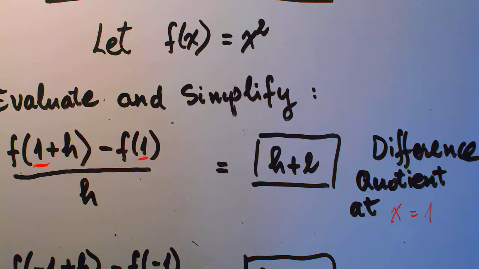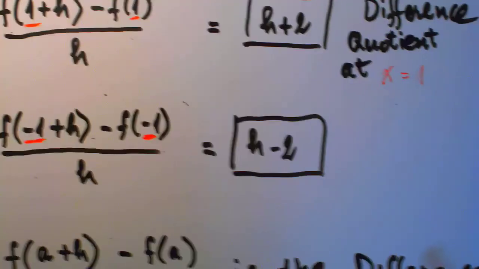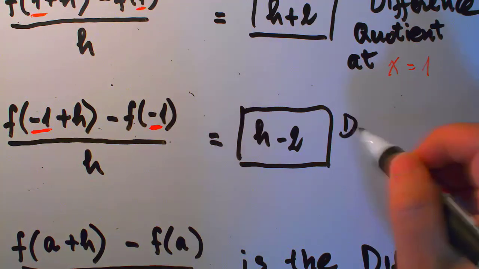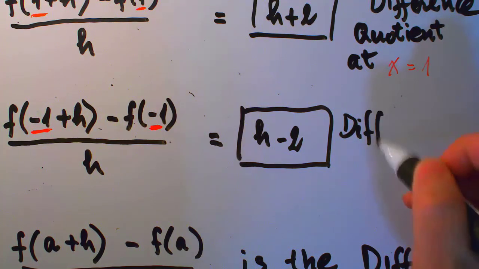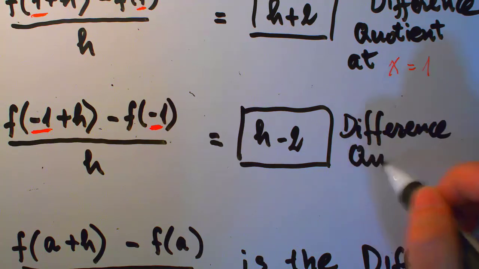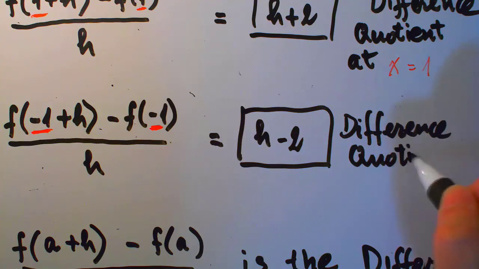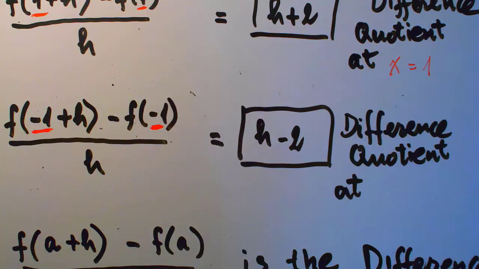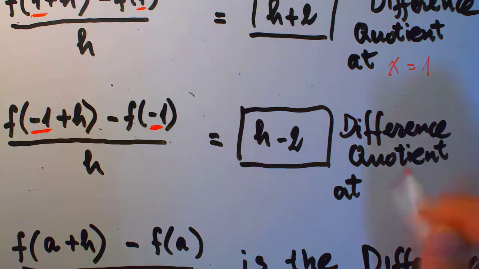The next example that we already did was nothing but the difference quotient at x equals -2.